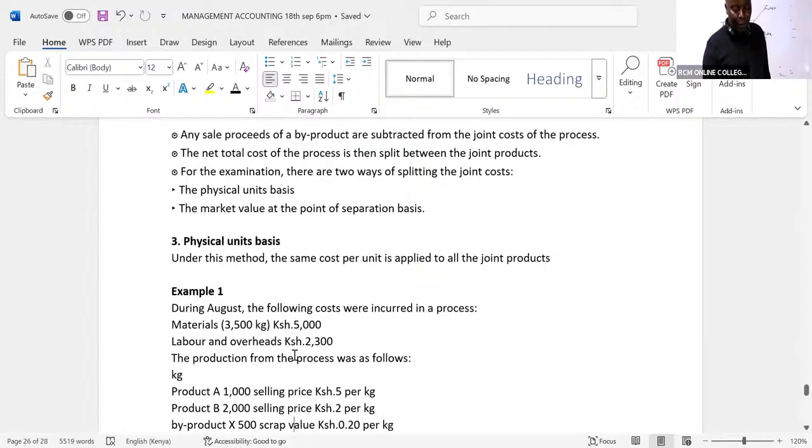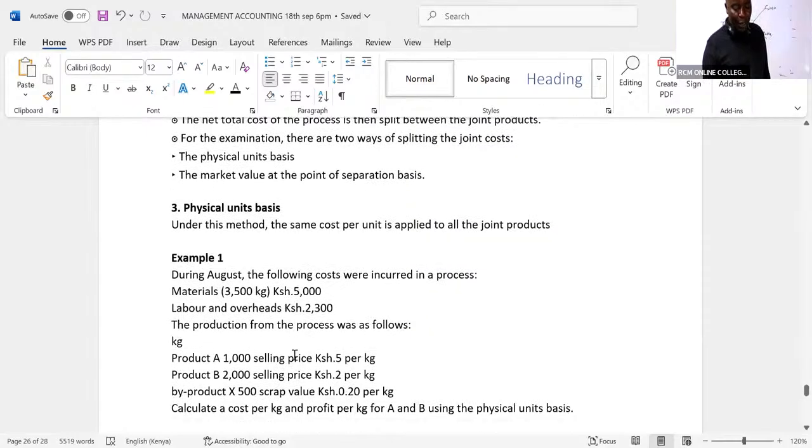The production from the process was as follows. Product A, 1,000. Product B, 2,000. And then we have a byproduct, 500, whose scrap value was 0.2. Calculate a cost per kilogram and a profit per kilogram for A and B using the physical units basis.